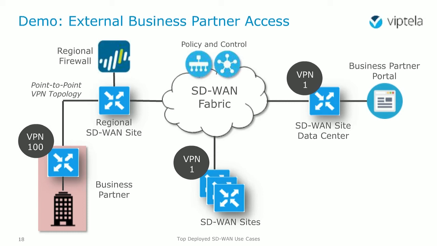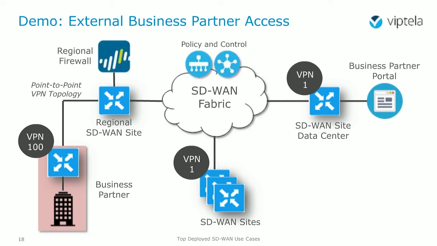A point-to-point VPN topology gets established, and it's important for me to emphasize here, we're not talking about provisioning a one-off point-to-point IPsec tunnel between the two devices. We're talking about the same fabric and the ability to segment that fabric and create a point-to-point topology over it, so you don't have to treat this connection to the partner as a one-off onboarding.